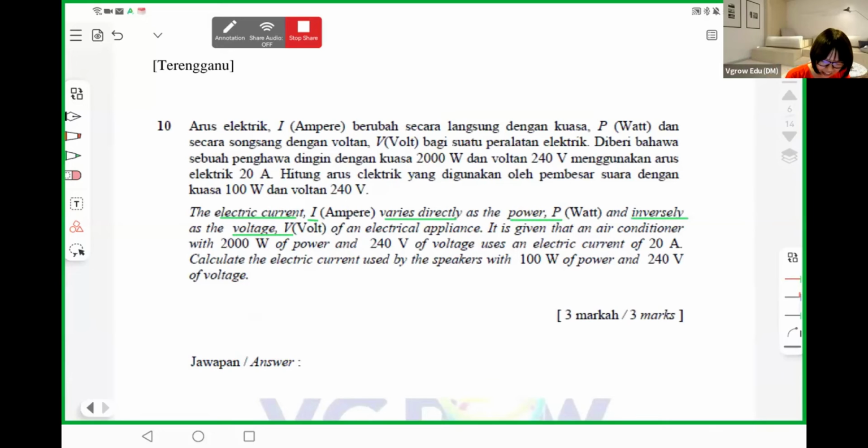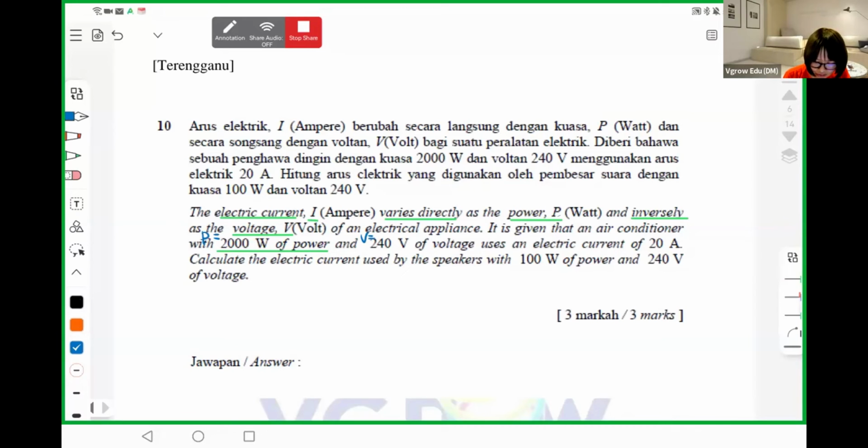Okay, then next, where is it? It is given that an air conditioner with 2,000 watt of power. So you write down quickly, 2,000 watt of power. Power is P, so P equal to 2,000. 240 watt V, V equal to 240.